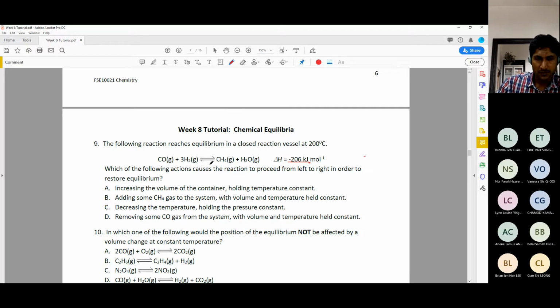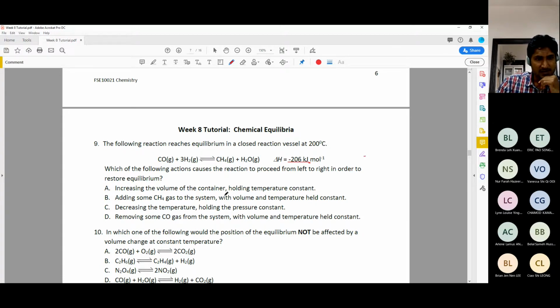The reaction attained equilibrium and was quite calm, but somehow it got disturbed. If the reaction is disturbed, how can it be moved forward to produce more methane and water?